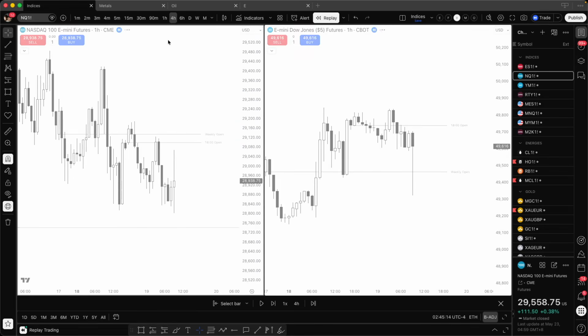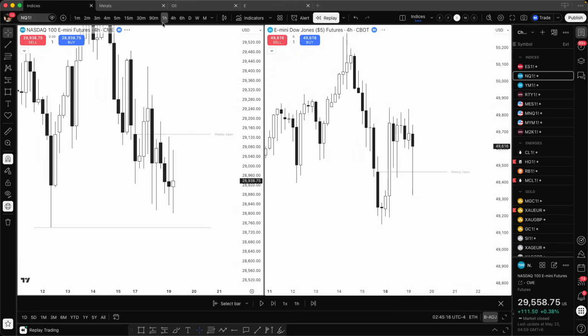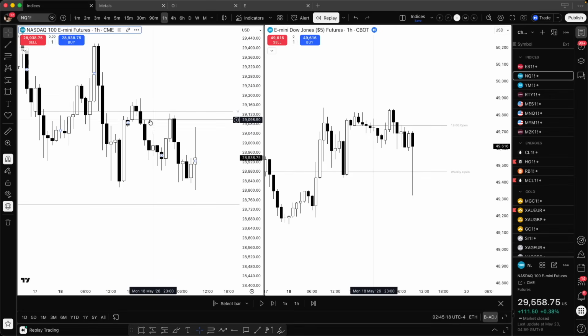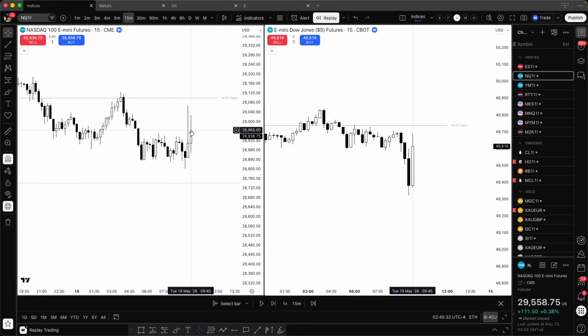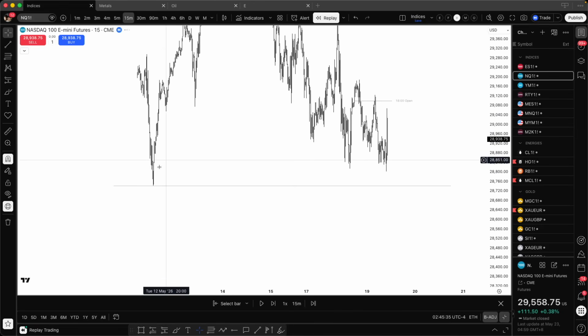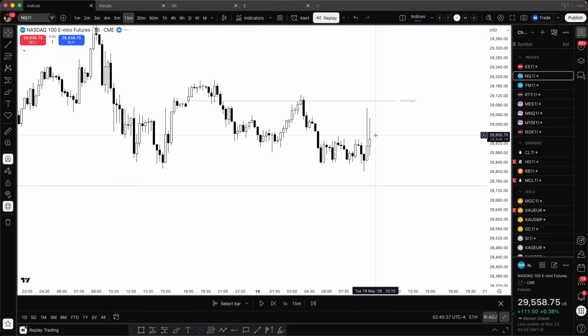We don't really form it anywhere significant, and that's fine. You don't need it as long as you expand away and you create gaps, and that is exactly what we do here. You see how we're just expanding away, we're creating these gaps, and that is telling me as long as these gaps get respected and we don't form any bullish gaps, we should be pretty good to go lower. And we are awfully close to the weekly low as well, that weekly gap.